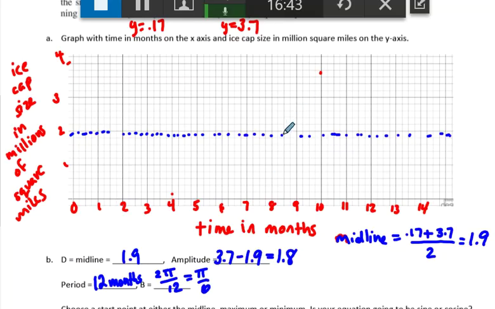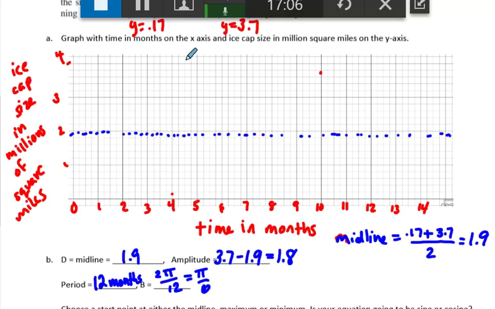All right, now, before we do the equation, I'd like to finish the graph. So if the whole period is 12 months, we need to split that 12 months into the 4 parts of our graph. So I'm going to cut the period into 4 parts. Because remember when we do a graph, there are 4 parts. For a sine graph, there's a part going up to the top, and then the part going down to the midline.